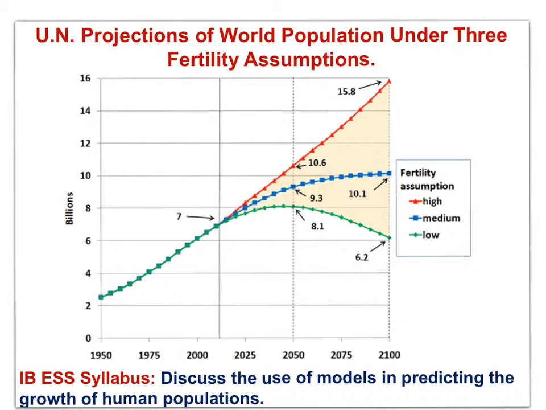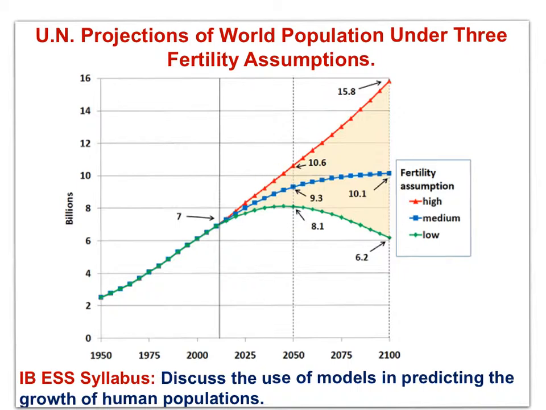In this graph of human population growth, 3 models are provided, each of which predicts a different outcome based on potential values of fertility. The average number of children born to women in a population is known as the total fertility rate. If the TFR is high, the population will grow in this direction.